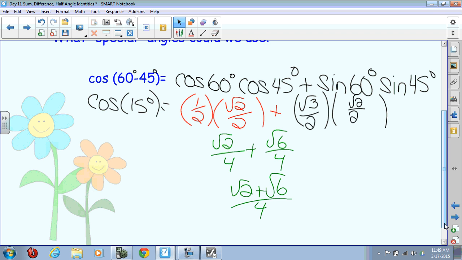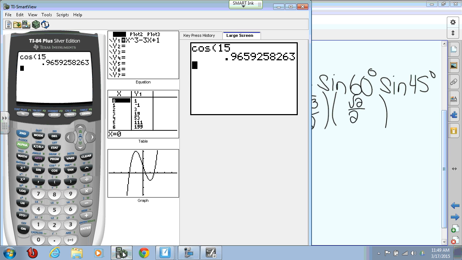Now, we know that the cosine of 15 degrees is 0.96592, and so on. Let's check that fraction to make sure we get the right thing. So I think we have radical 2 plus radical 6 divided by 4.